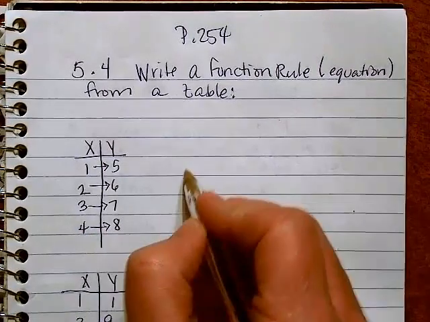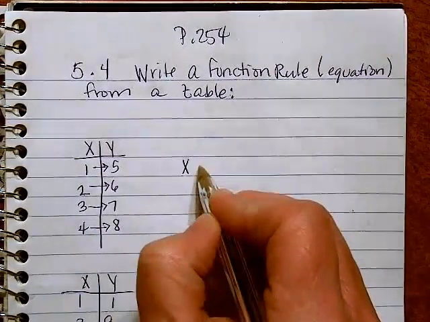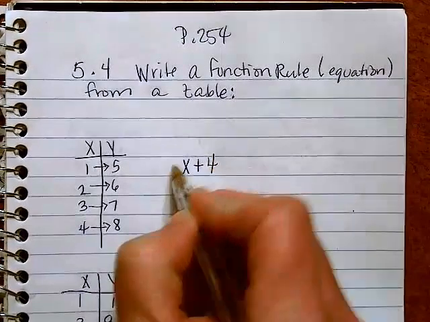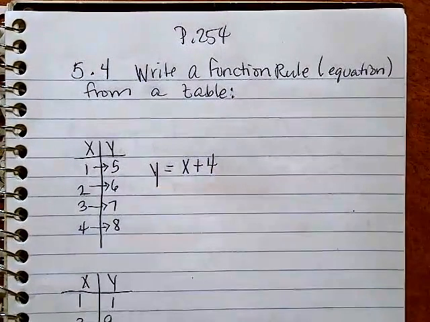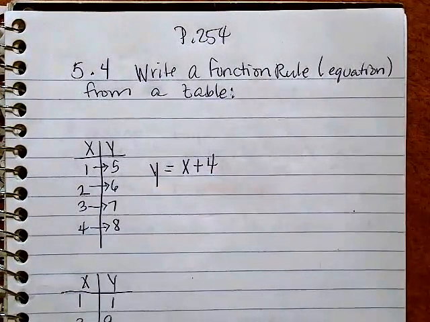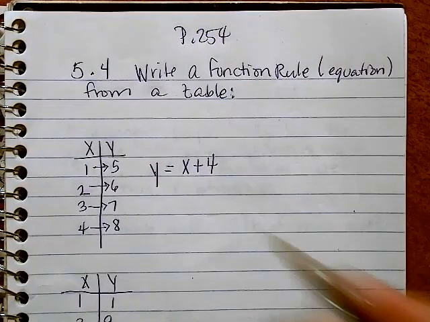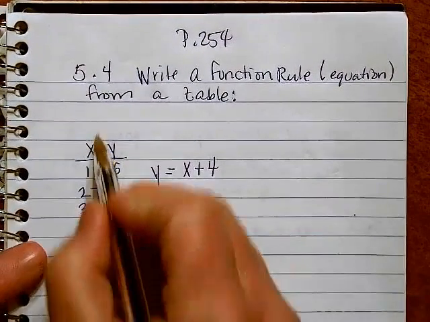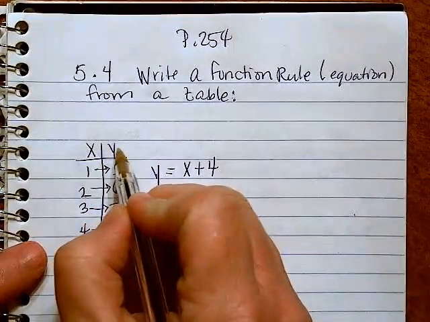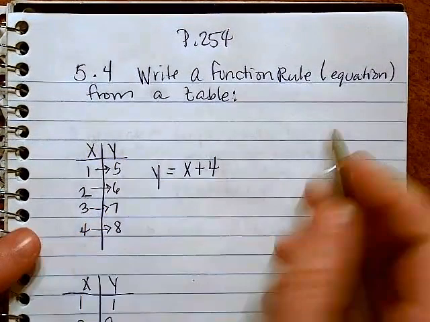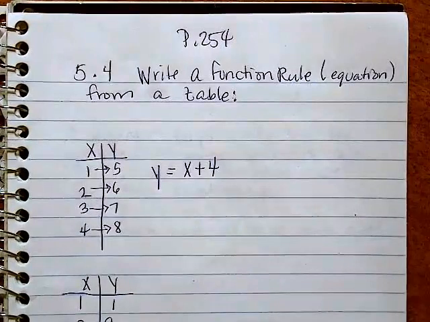So what we're doing is we're taking the x value, we're adding 4, and it's giving me my y value. That is my function rule. Okay? Now, sometimes it may be written as x and f of x instead of y. They may use that. This time we just used x and y.